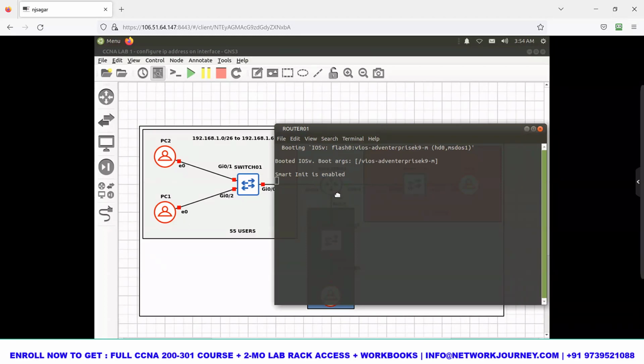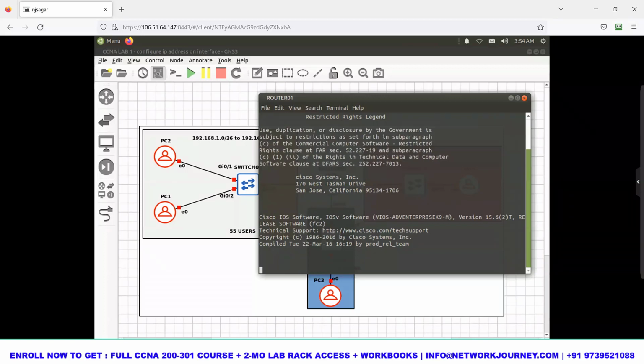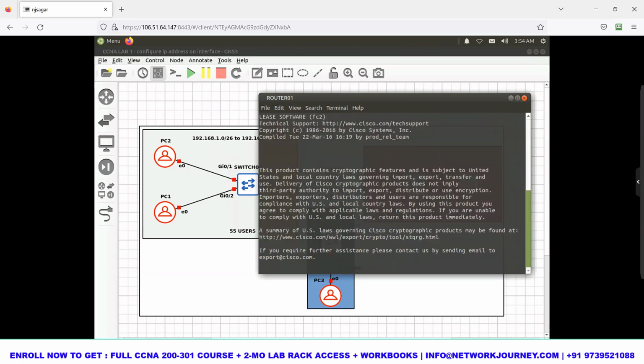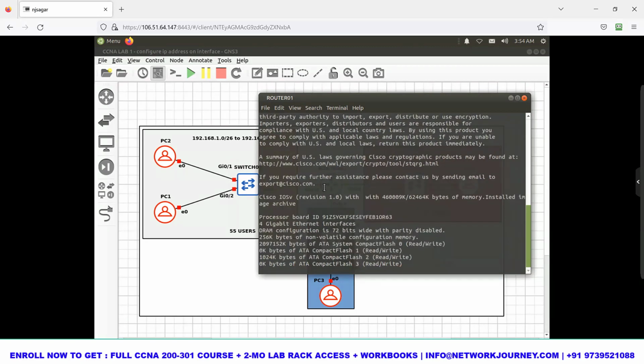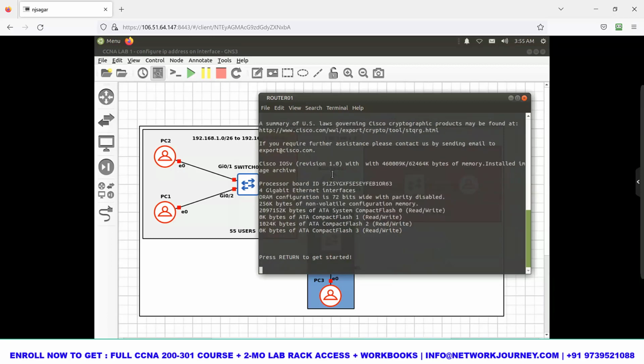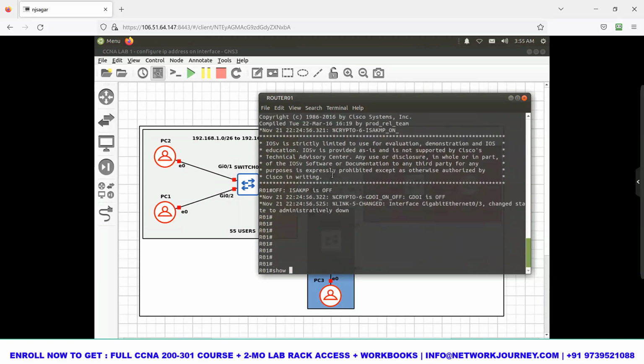So boot up one of the routers. Okay, if you want to see the routing table, this is the command: show ip route.